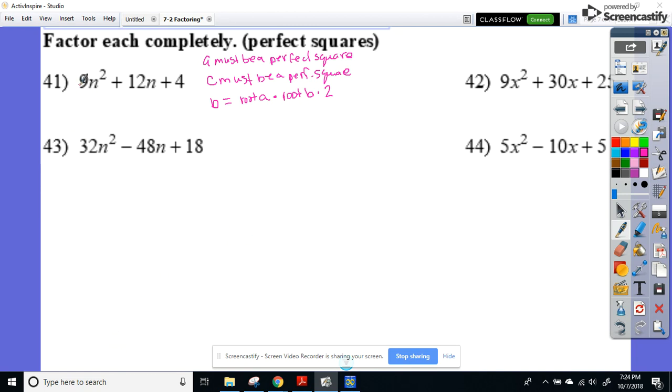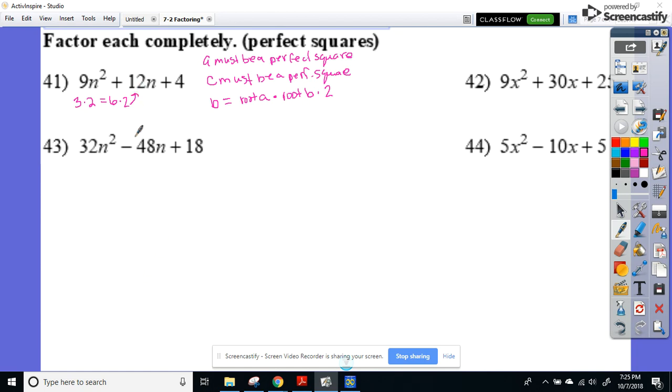Huh? The root of 9 is 3. The root of 4 is 2. And 2 times 3 is 6, times 2. Root of A times the root of C times 2. The roots come together to give you 6. 6 times 2 gives me 12.